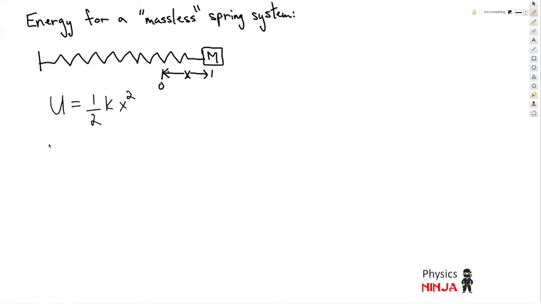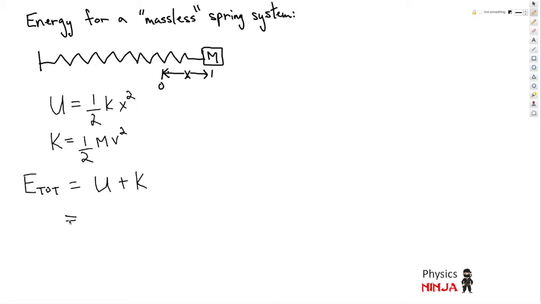Once the block begins to move, there will also be some kinetic energy. And the kinetic energy, if we're only considering the mass at the end of the spring, is 1/2 mv squared. So the total energy of the system, E total, at any point is simply equal to the spring potential energy plus the kinetic energy.